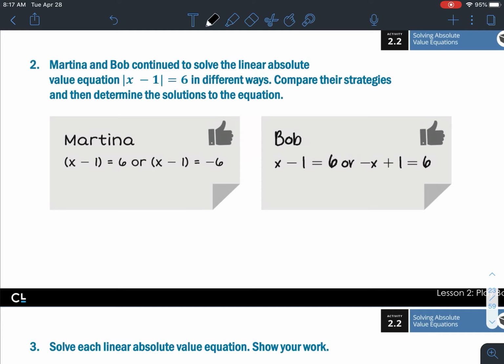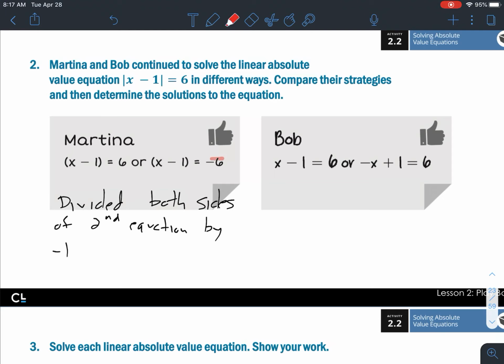So for Martina, we could just say she divided both sides of the second equation by negative 1.